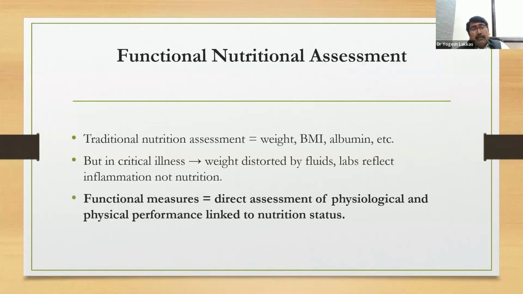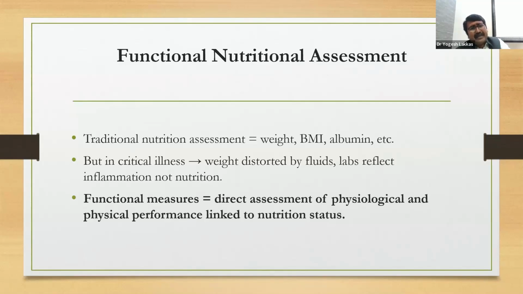Functional nutritional assessment is one of the important parts, apart from the anthropometric measures and the various score systems used in the ICUs. Traditional nutrition assessment equals weight, body mass index, albumin, etc. But in critical illness, weight is distorted by the fluids.